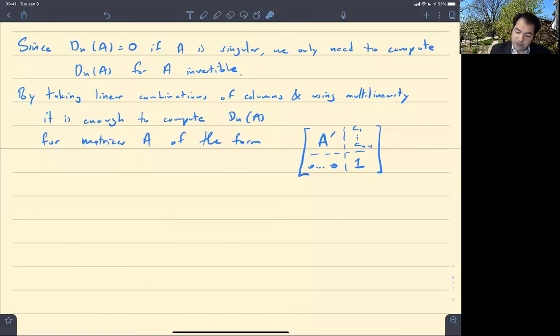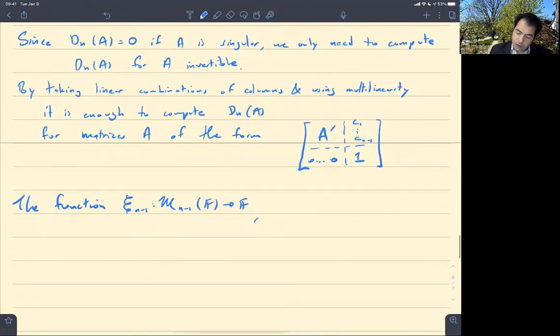Okay, so let's define a function using that. So the function, let's go with curly E_{n-1}. It's going to take a matrix of size n minus 1 and give us back a number. So what we want to do is, you give me a matrix B, I will just put it here.